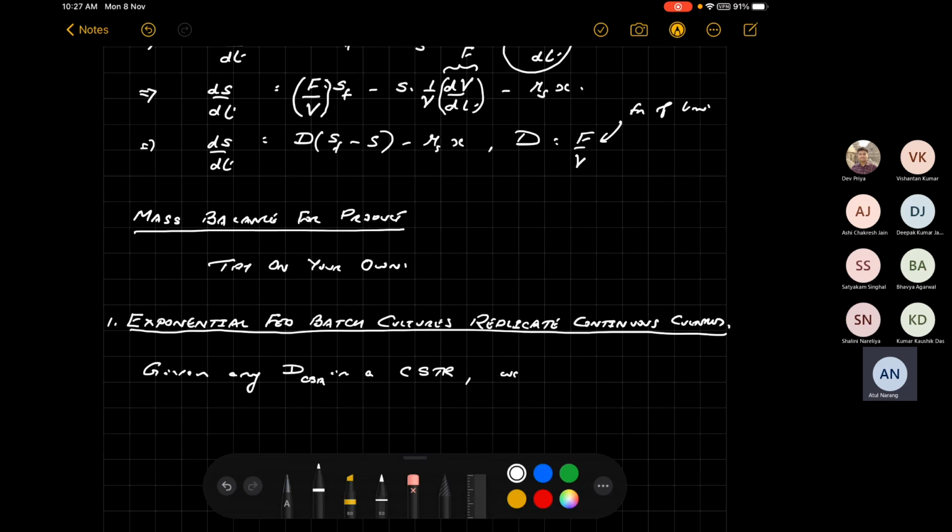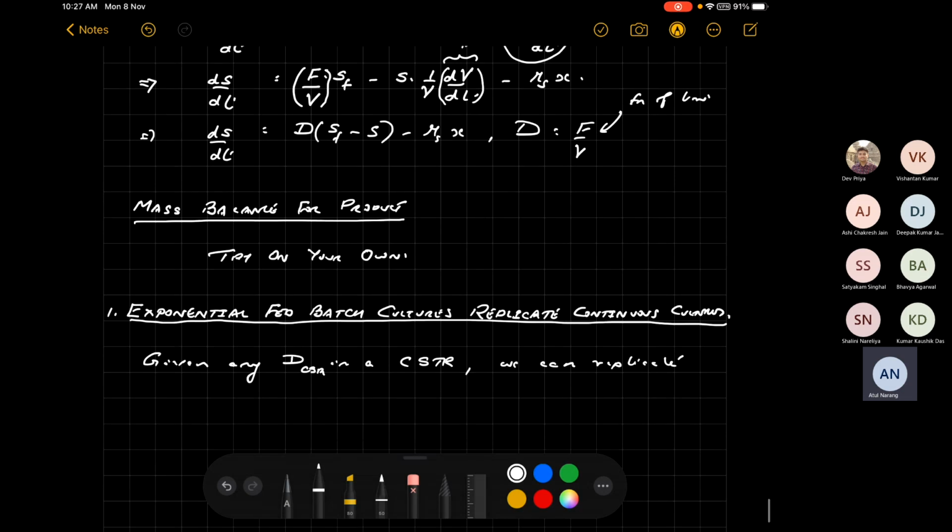We can replicate the corresponding steady states, and by corresponding I mean the steady states that have been observed in the CSTR at D equal to D_CSTR.